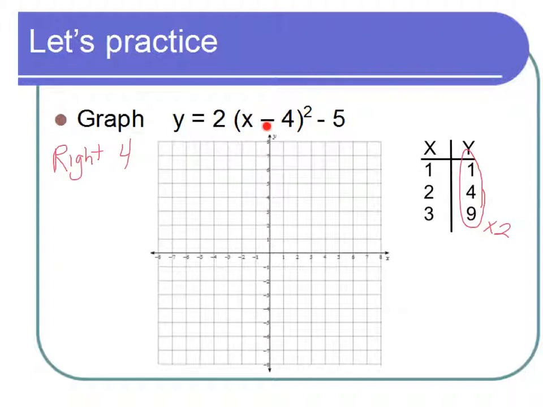Remember, because you do the opposite inside parentheses, and because it's with the x, it's my left and right motion. This one's going to affect my y's. It's going to move it up and down. I do what the sign says, so I'm going to move it down 5. That's the first thing I'm going to do, get that vertex put in the right place. So now instead of being at the origin, it's going to be right here.